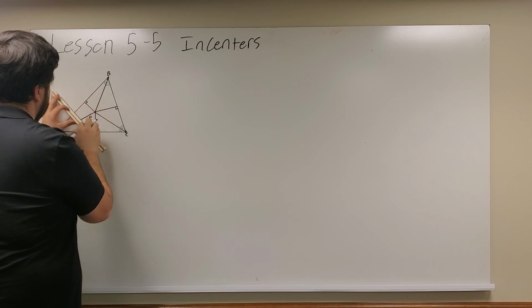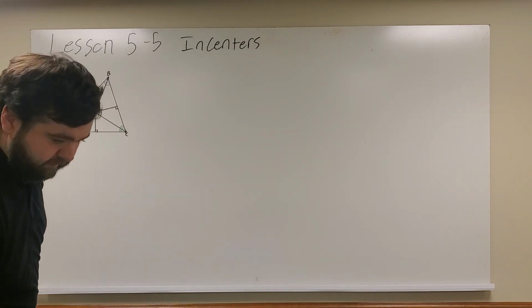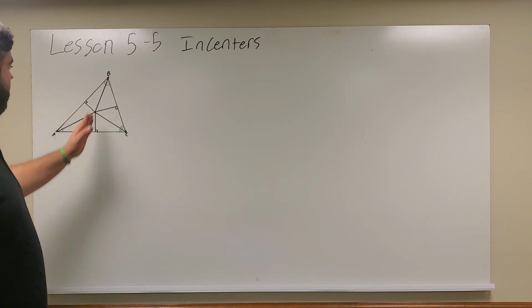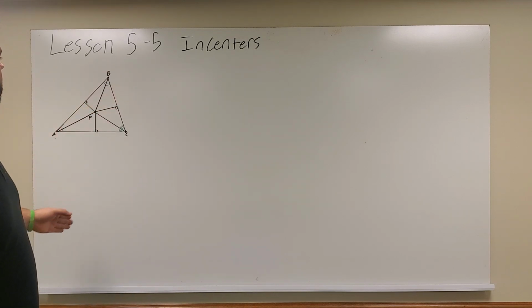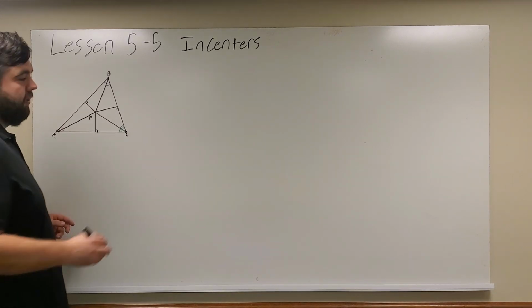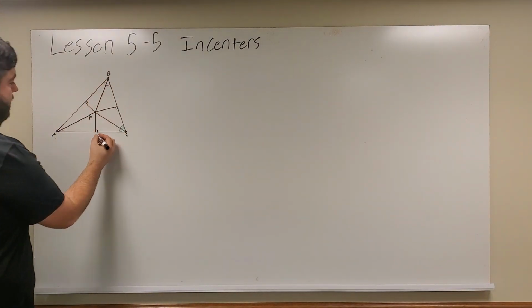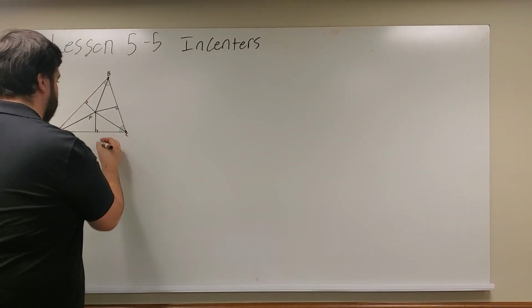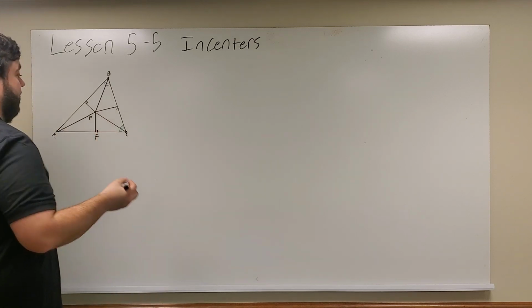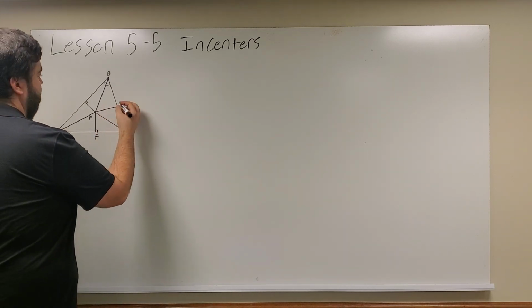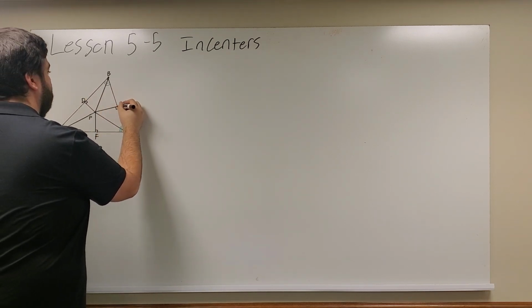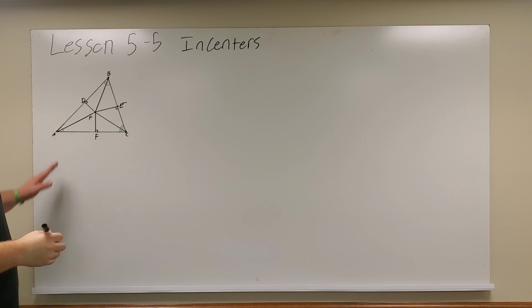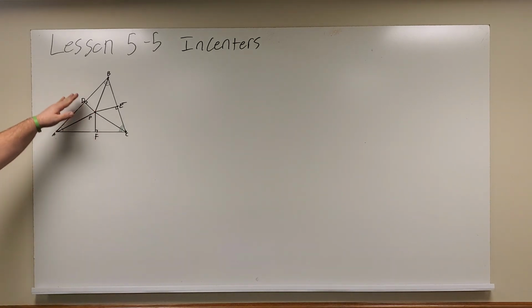So that's why the lines don't look quite straight. I've made mine a little bit more askew to really show that it's not a straight line from B to, what's our bottom one? F. There's not a straight line, okay? So we have D, E, and F. Now we have our incenter.